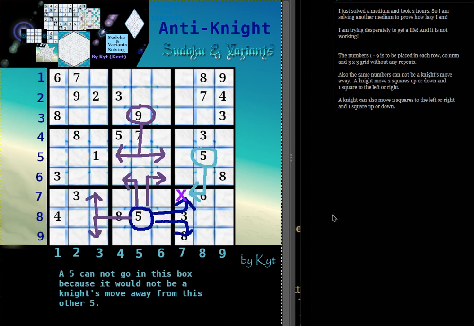A knight's move is 2 squares up or down, and 1 square to the left or right. And I can also move 2 squares to the left or right and 1 square up or down.